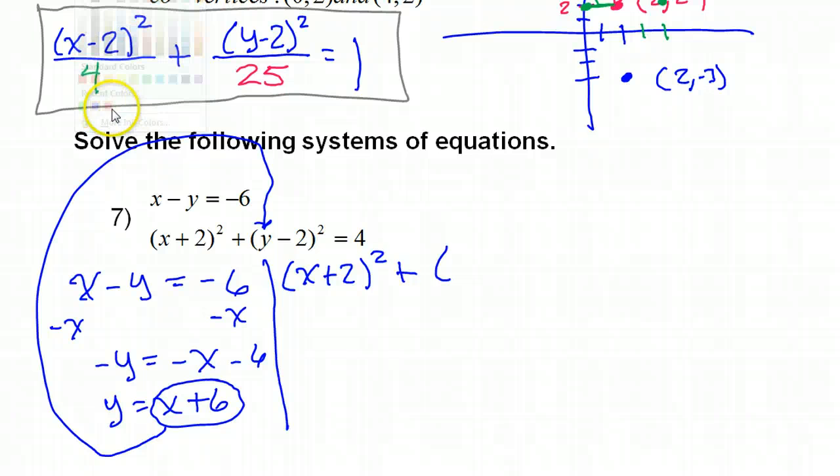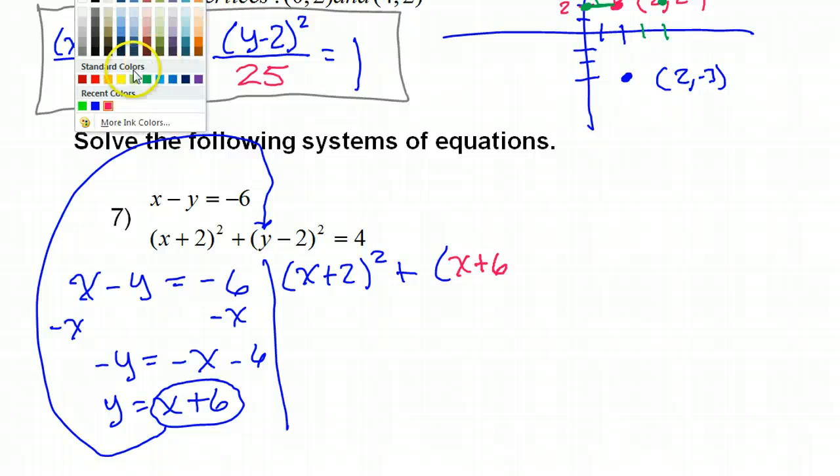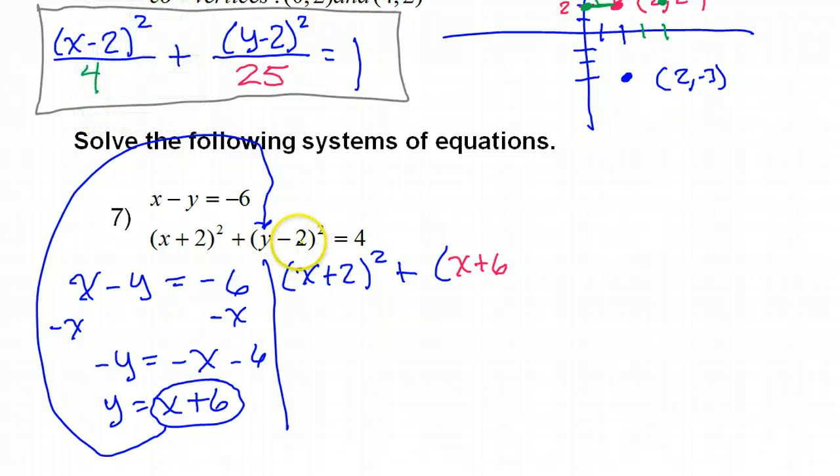Just for a second, I'm going to put it in pink. So instead of y, I'm putting x plus 6, right? That's the y. Now I'm switching back to blue for everything else. So I still have the -2 squared equals 4. Hopefully you can see that the only change I made to this equation was I erased the y, and instead of having y minus 2, I have x plus 6 minus 2.